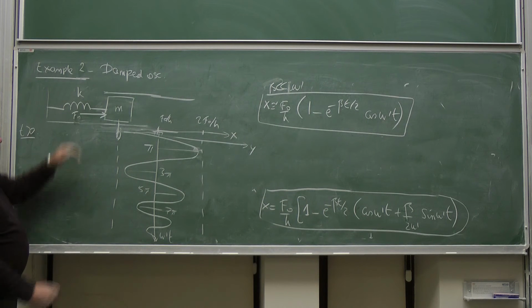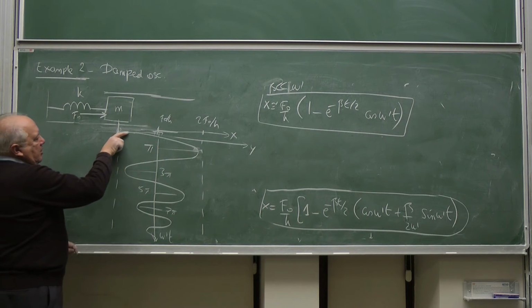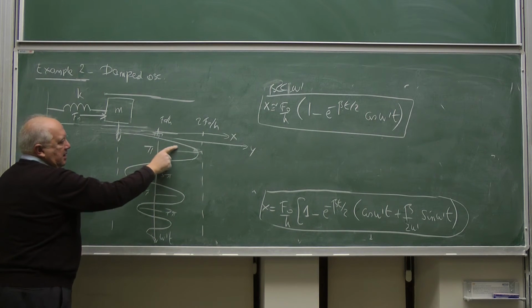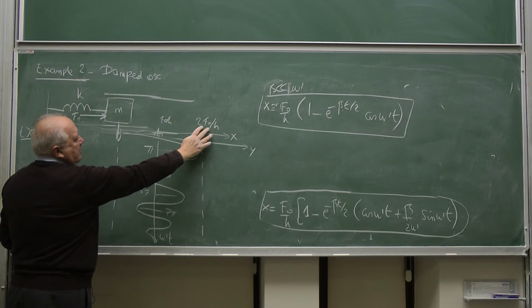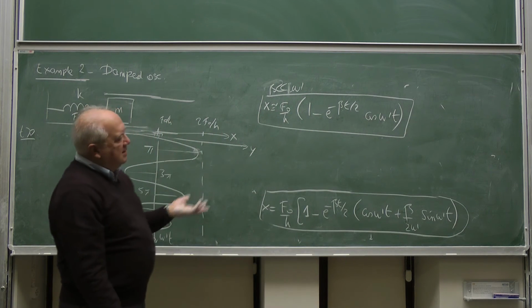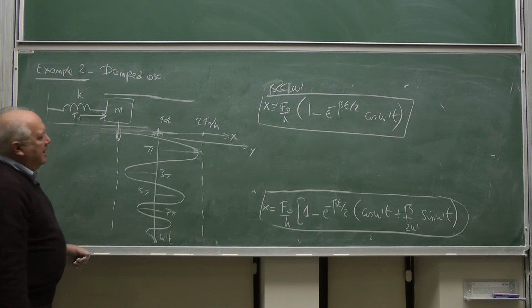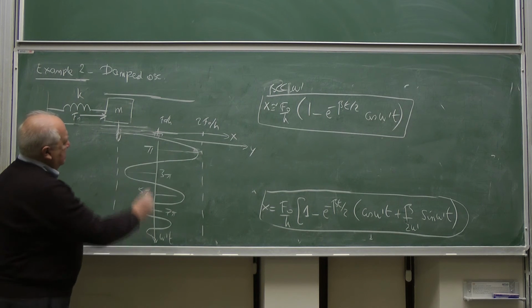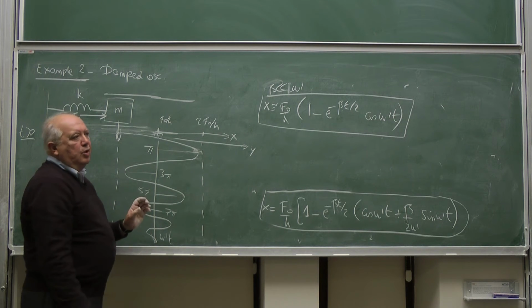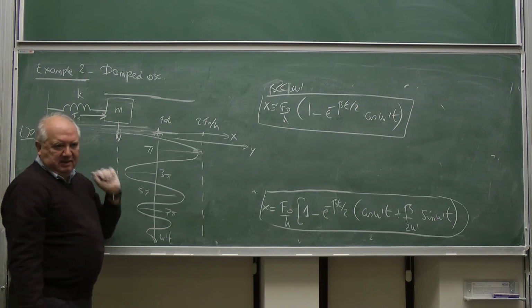We apply the constant force. It goes to the new equilibrium position, but it passes that, does not really reach F0 over k, because this is not really 1 but a bit smaller than 1. So it makes a damped oscillation about the new equilibrium position. That's the physics of it.